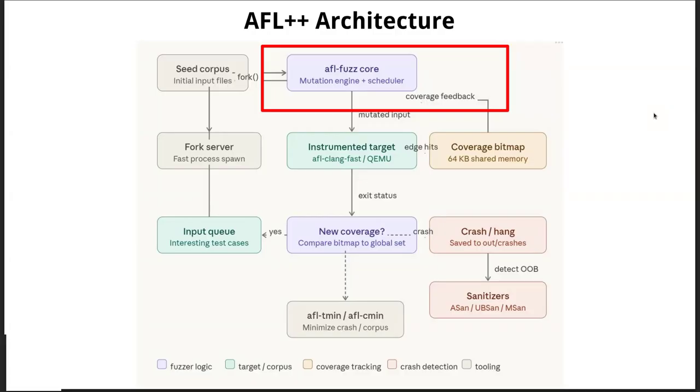Then AFL will use that information to decide how we are going to mutate the input. The input starts with something called a seed, and we can consider the seed as just some valid input we come up with. AFL actually doesn't take invalid input. If your seed crashes the program, AFL doesn't accept that. They only accept seed inputs that do not crash the program.